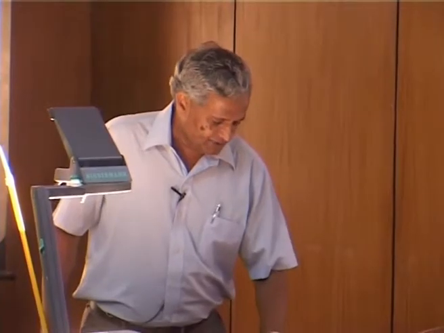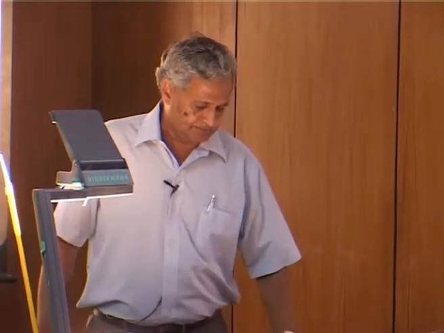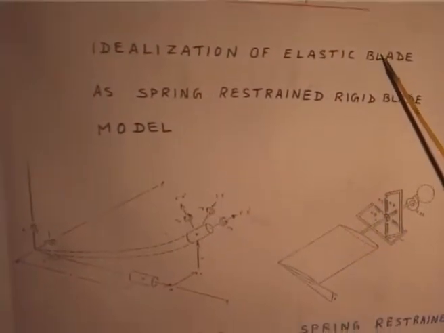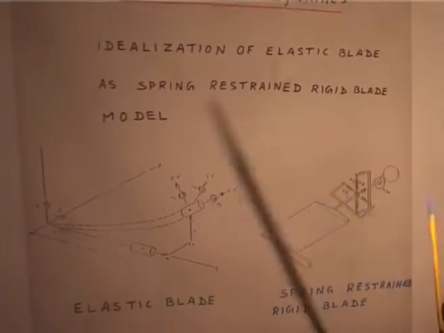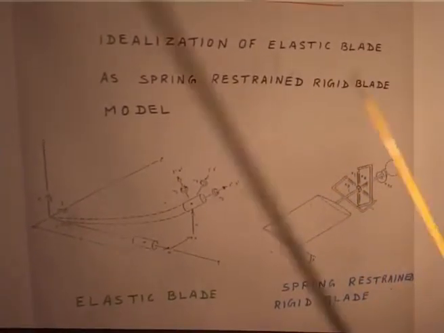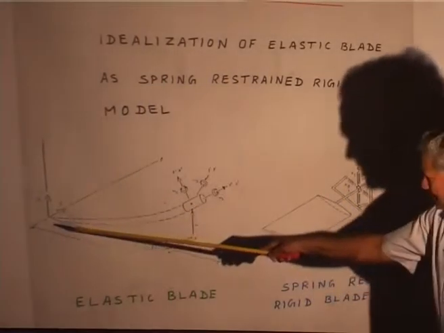Okay. How do we analyze this problem? I will just show an idealization of an elastic blade as a spring restrained rigid blade model. This is the elastic blade.